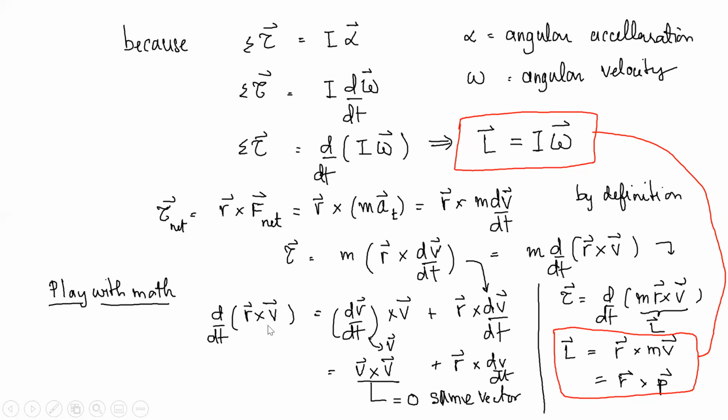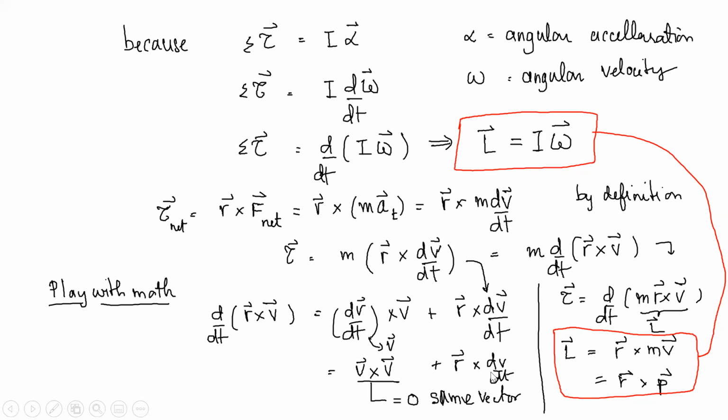We're playing with math here. d by dt of r cross v has two terms according to the derivative product rule: dr by dt cross v, plus r cross dv by dt, which is the result that we need. The first term, v cross v, is 0.